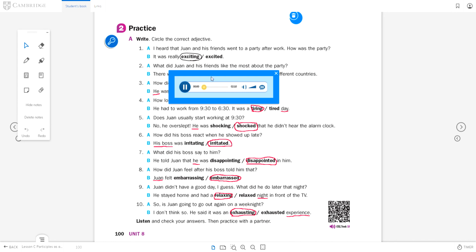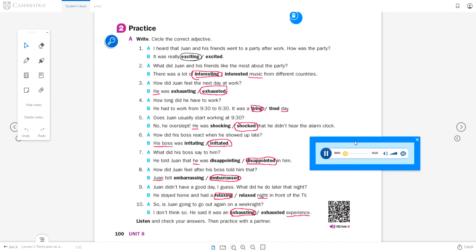Page 100. Exercise 2A. 1. I heard that Juan and his friends went to a party after work. How was the party? It was really exciting. 2. What did Juan and his friends like the most about the party?